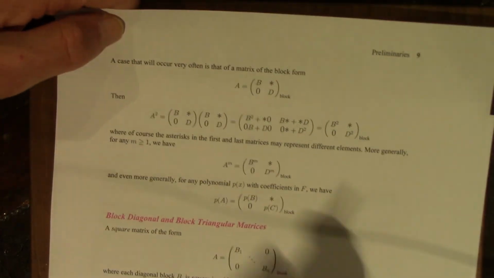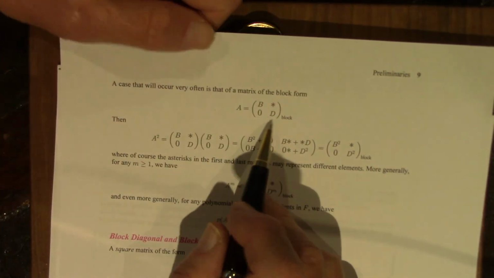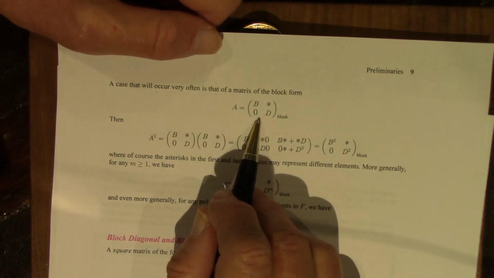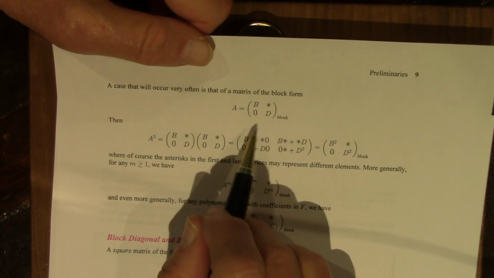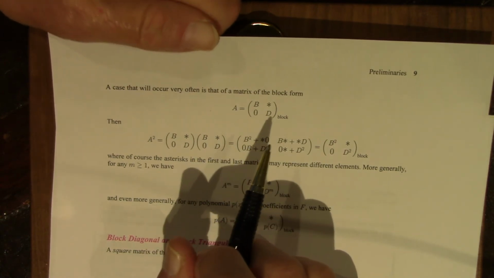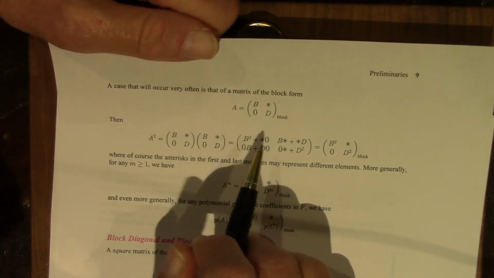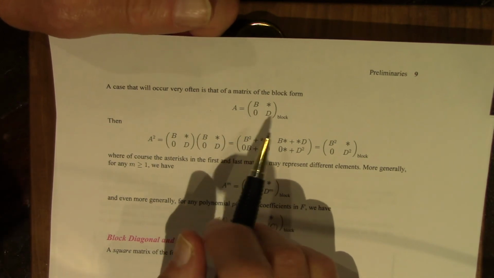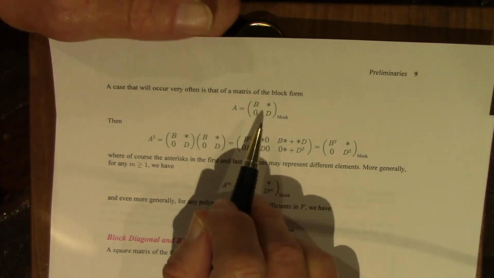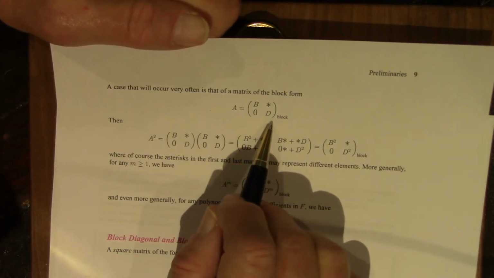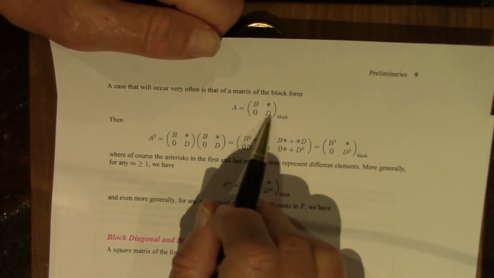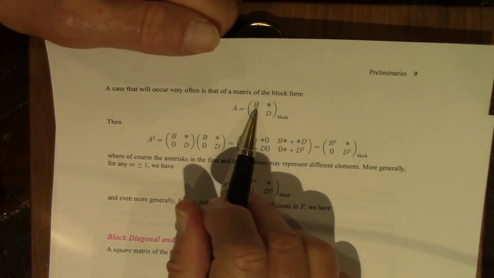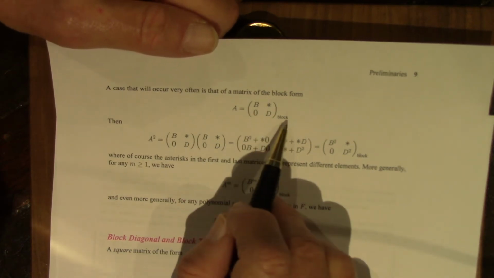One of the most common cases we'll encounter of block form, I'm trying to avoid saying block matrix because that implies somehow it's different from an ordinary matrix. This is simply a matrix written in block form. Okay? So this is a common occurrence. We're going to see a lot of matrices that have this block form.